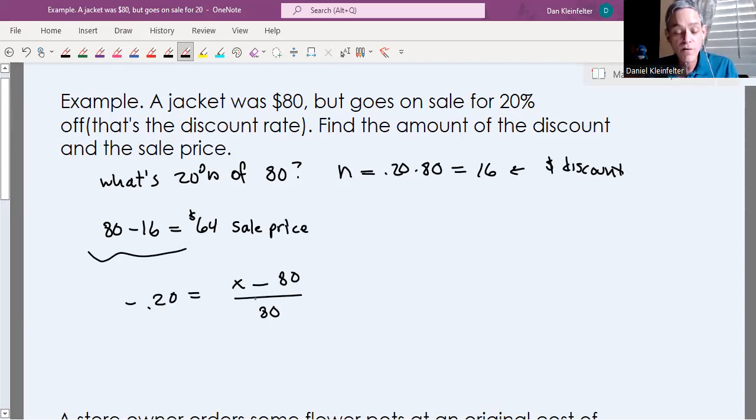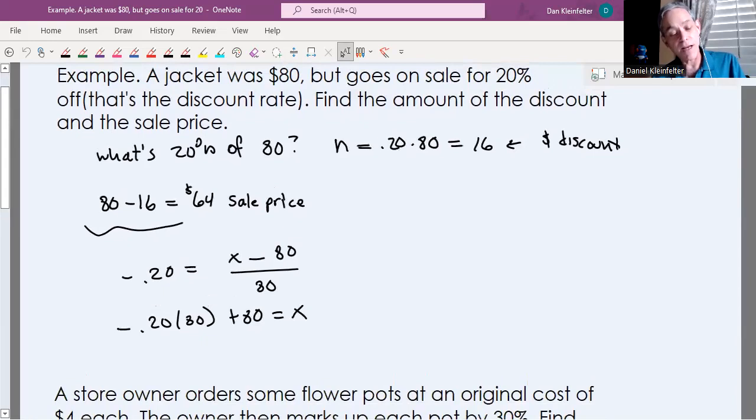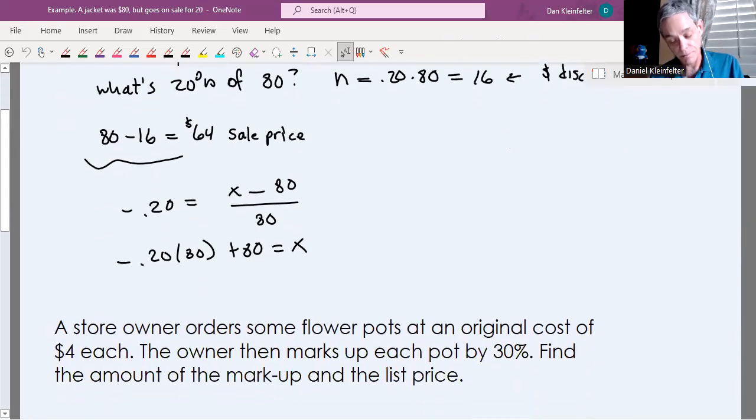If you solve this for x, you're going to get negative 0.20 times 80 plus 80. That will be our x. The 20% of 80 was the 16 that got subtracted from 80, giving us that $64. So the amount of discount was $16, the sale price $64.